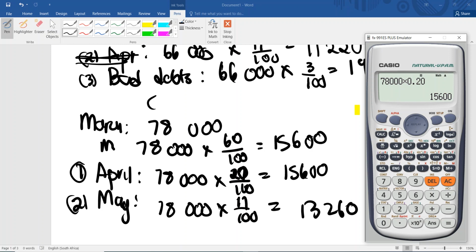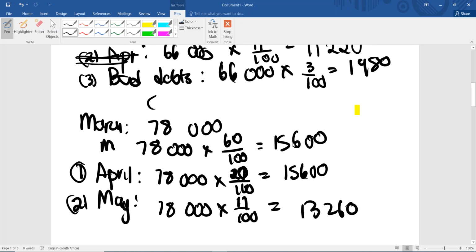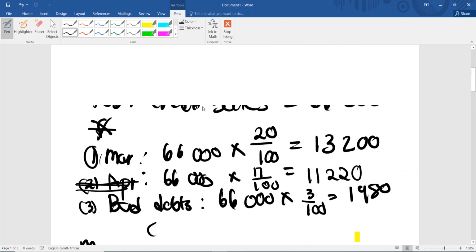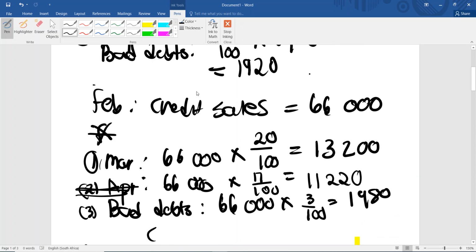When we say 60 over 100, always verify. It's giving us 46,800. So we're supposed to have 46,800 here. Okay, and then let's also check here if we did not make any mistake. I think everything is fine so far.